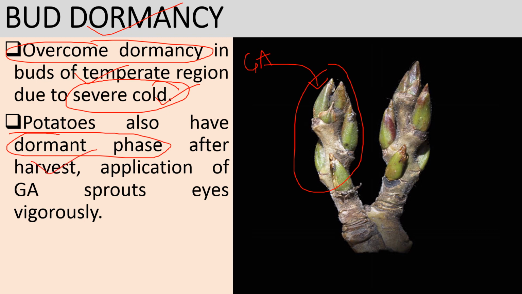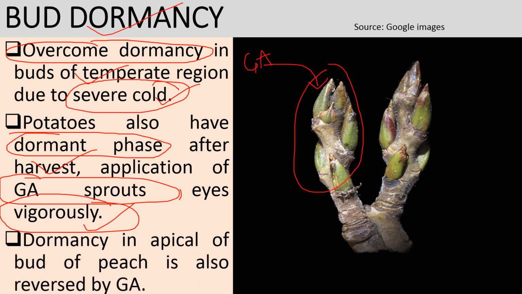By the application of GA, the sprouts, the eyes, grow vigorously. So they grow very fast if we apply GA externally. Dormancy in apical buds of peach is also reversed by GA. So these are some uses of GA to overcome bud dormancy.